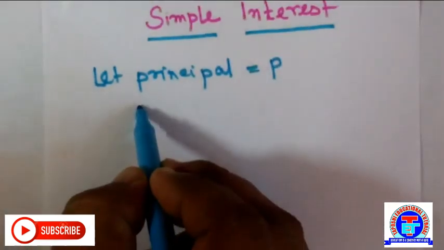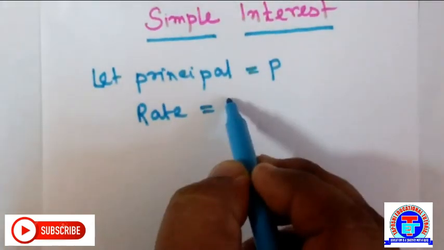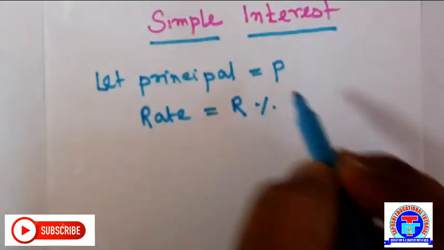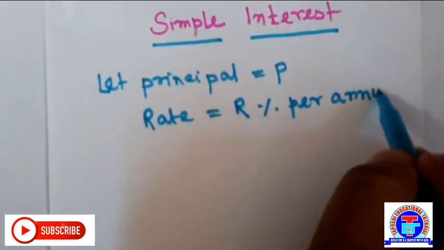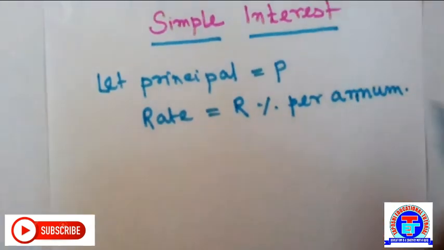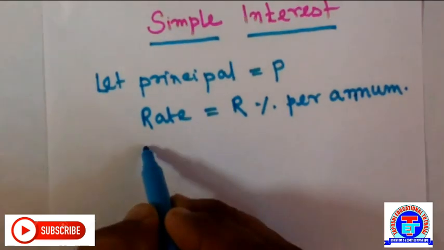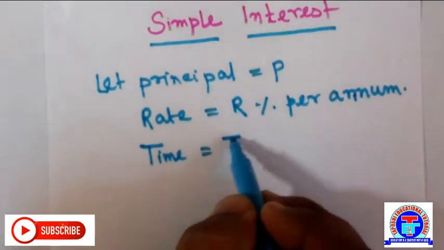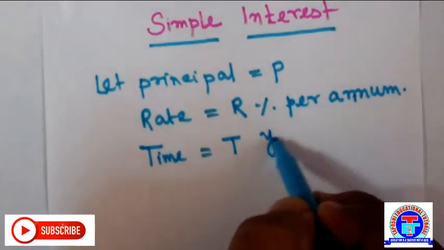And rate is equal to R, percentage per annum, right? And the time period, time is equal to T, years.